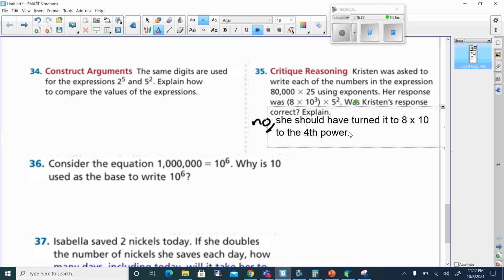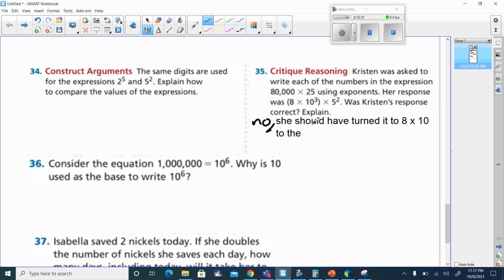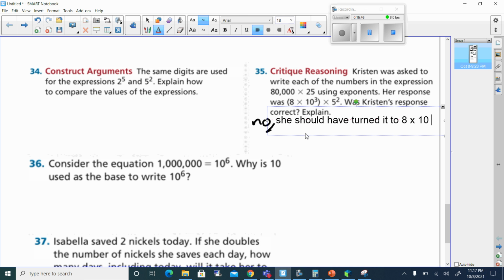You know what? Just so there's no confusion about the way it should be written, I'll write this one out. 10 to the 4th power. I guess I have to go back here to the 4th power. There we go. And the 4th should have been over here.